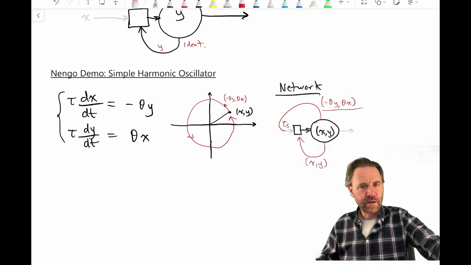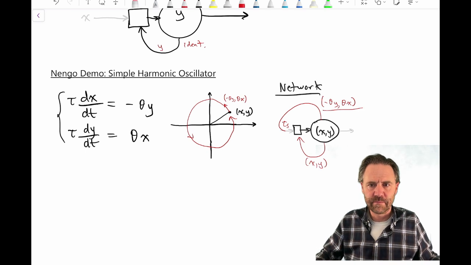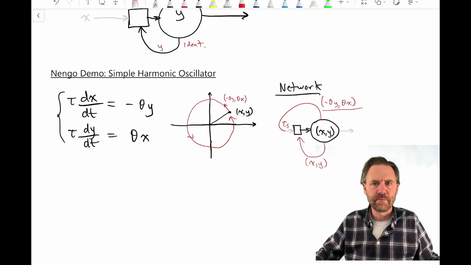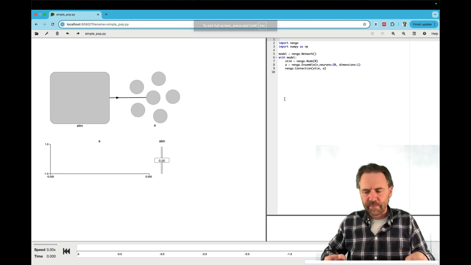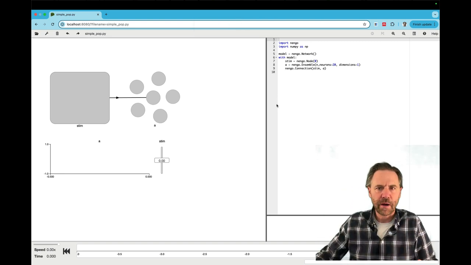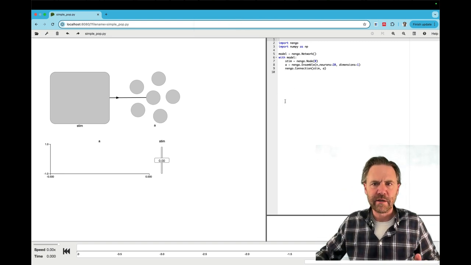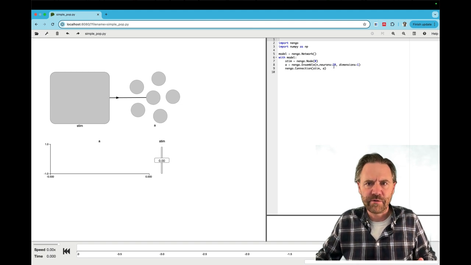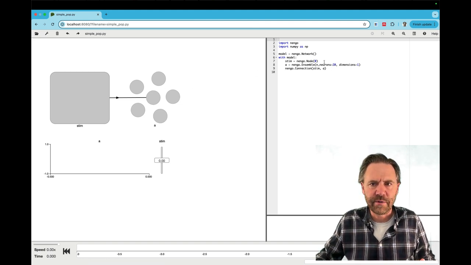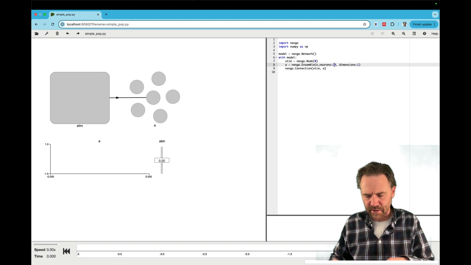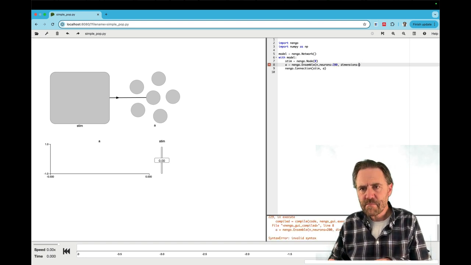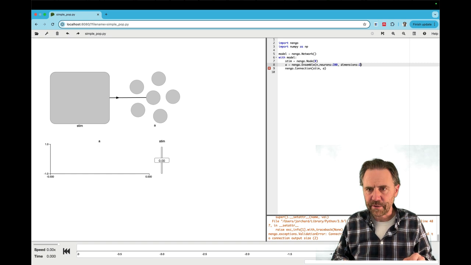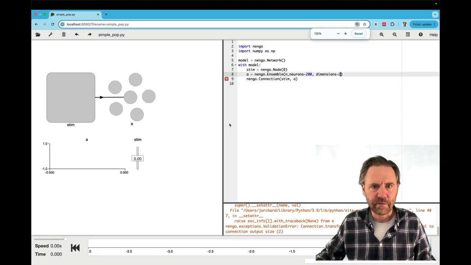So let me show you that in Nengo. Here I'm starting out with just a normal Nengo population. You've seen this before already. Let me now change this population A to be two-dimensional, and I'll make it a couple hundred neurons. Can I make this bigger? There we go.